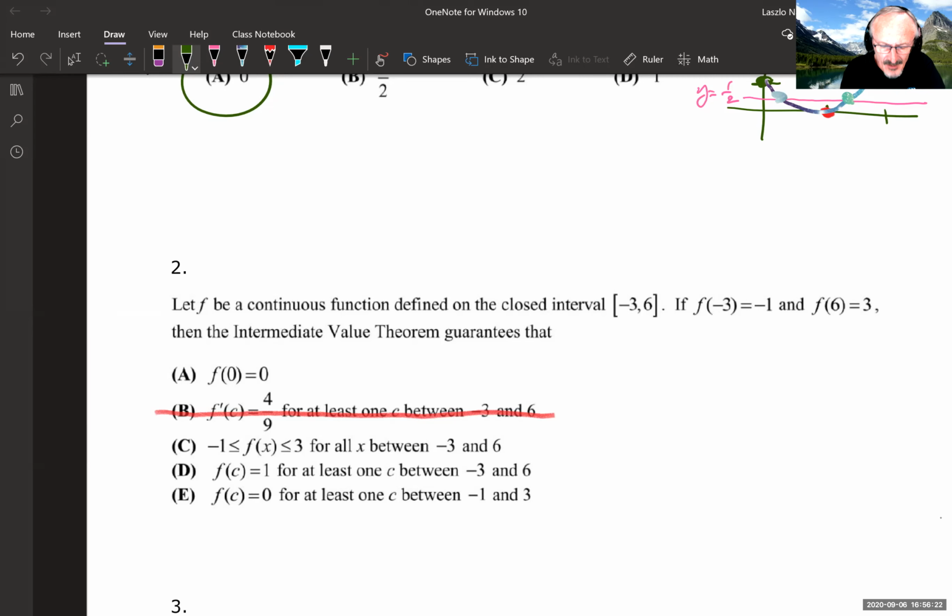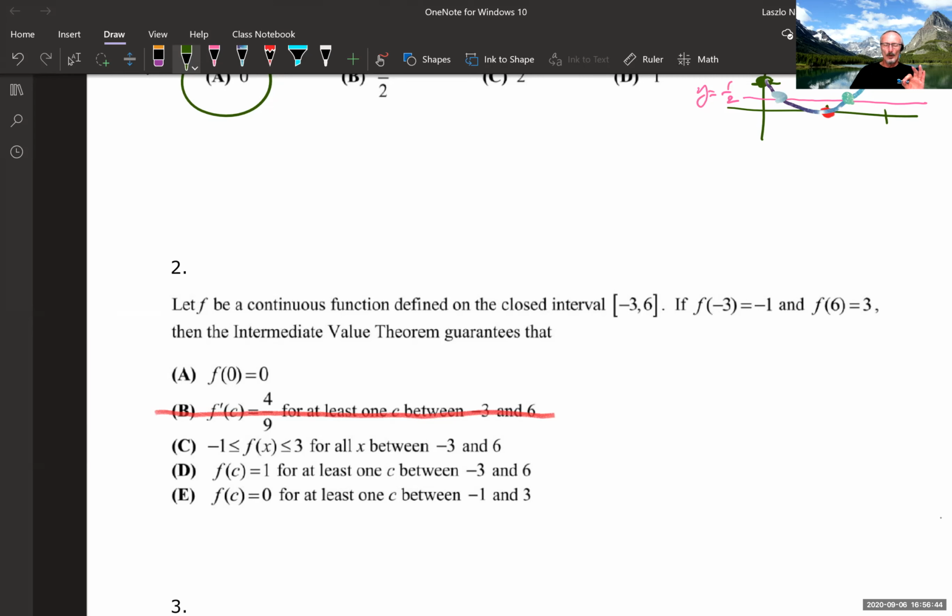Okay, does it say that f of 0 is 0? I don't know about that. All I know is it tells us that there's at least one solution to any y equaling a number between -1 and 3, because those are the y coordinates at the endpoints.